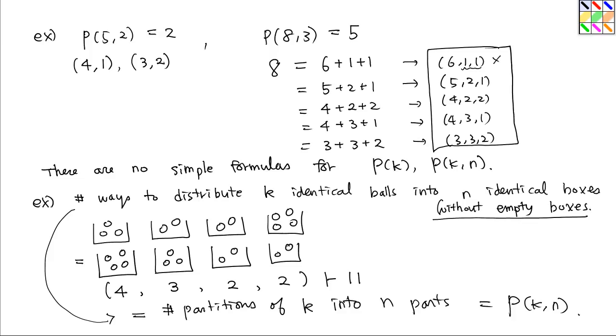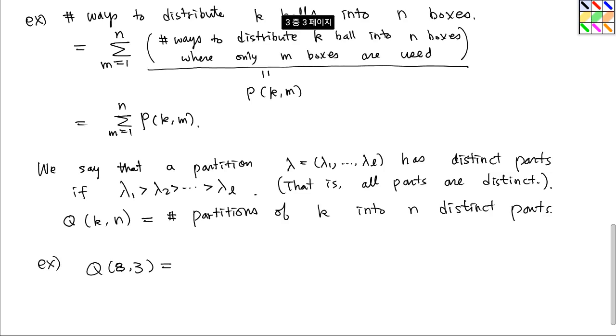This one, every number is distinct, so it's okay. This one, 2 appears twice, so it's not a distinct partition. Every number is different here, so it's okay. This one, 3 appears twice, no. So there are 2 partitions with distinct parts, so this will be 2.